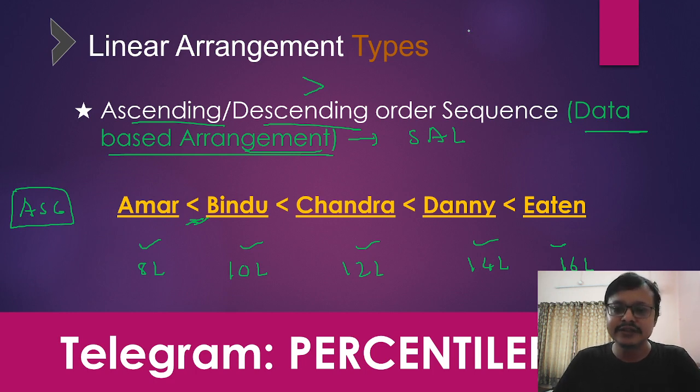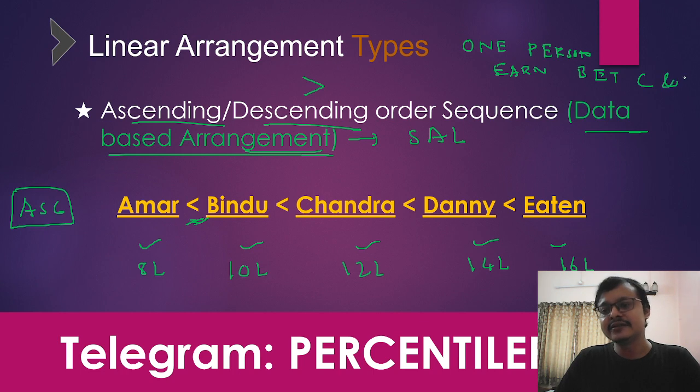For example, if they tell you there is one person earning between C and E, what does it mean? Between C and E, there must be a gap for one person.